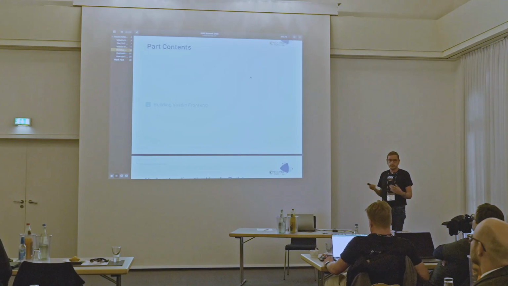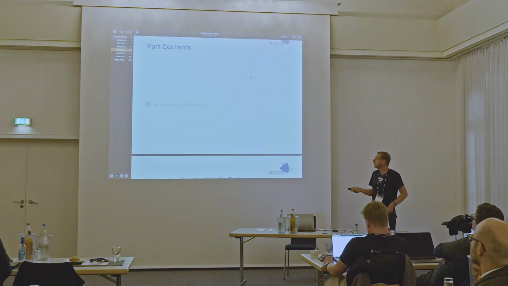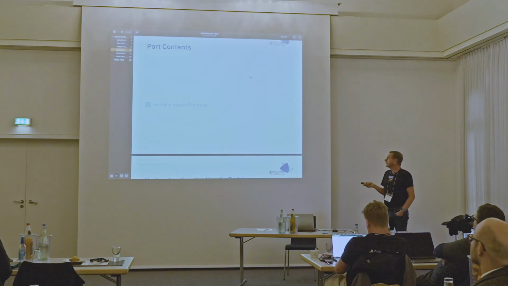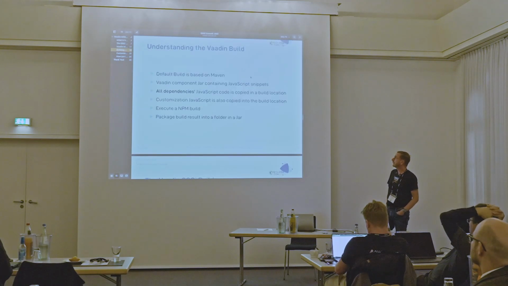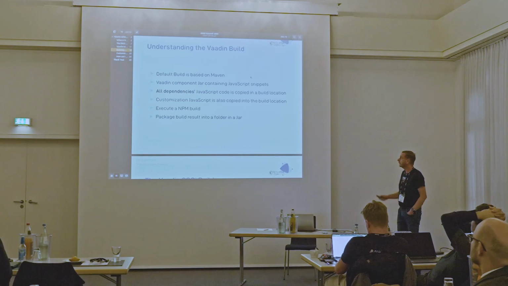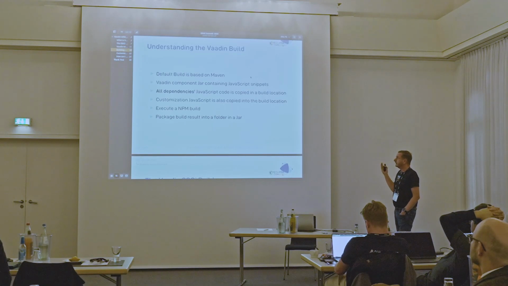So now we have seen how we can deal with front-end code. And now let's go a little bit deeper into the front-end building process. As I already mentioned, the default process for building such applications in Vaadin is that you have to use Maven.